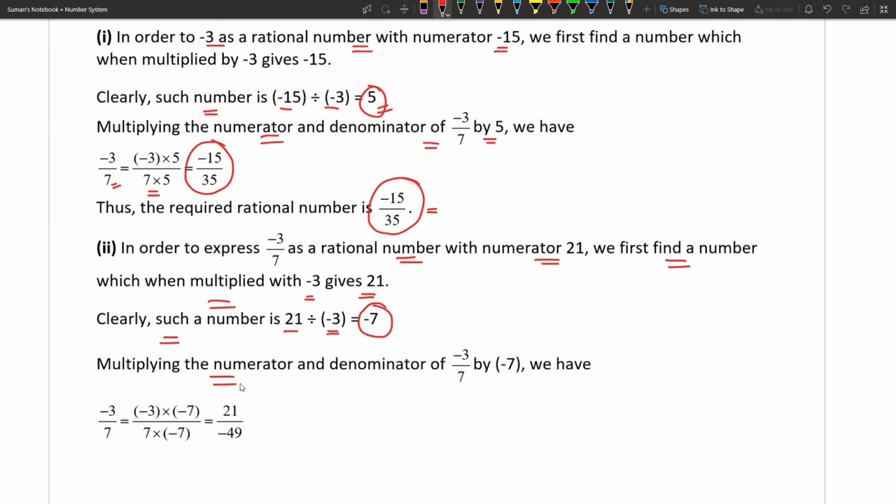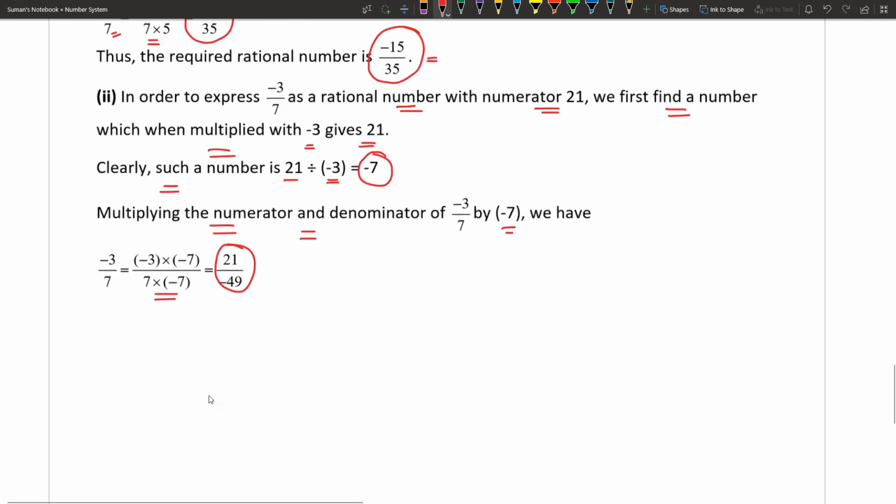So we multiply the numerator and denominator both by minus 7. So we get minus 3 upon 7 is equal to minus 3 into minus 7 upon 7 into minus 7, and we get the result as 21 upon minus 49.